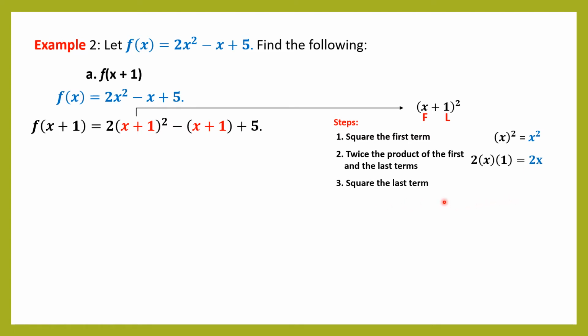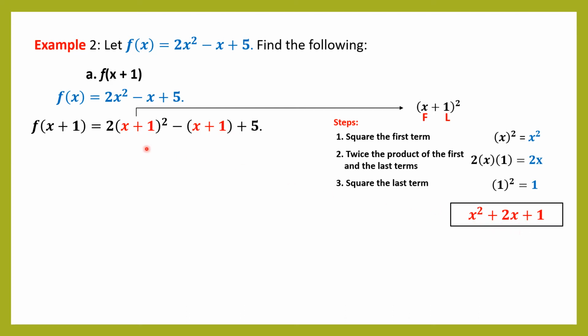So, yung first and third step natin ay halos kapareho lang. So, yung last term daw ay squared natin. So, 1 squared. Therefore, that is equal to 1. Then, we're going to put them together. Since ito ay positive lahat, so plus lahat ang makikita natin dyan. So, we will have here x squared plus 2x plus 1.